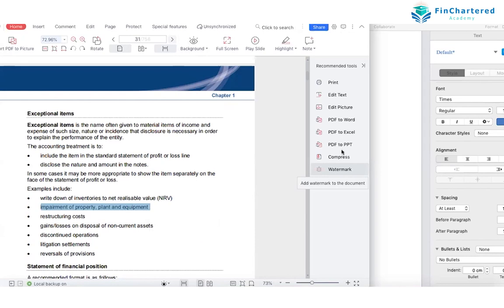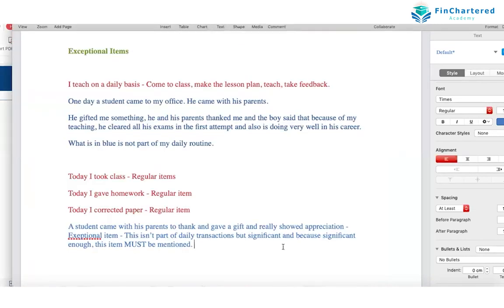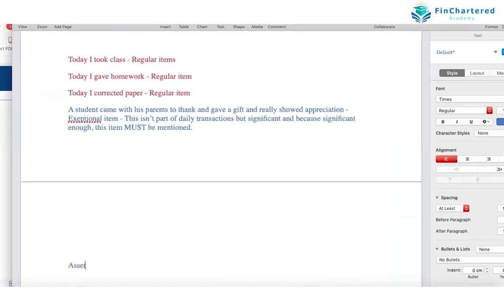An asset of yours doesn't get impaired every day. Asset impairment is not something that happens every day. Every day your mobile is not damaged, every day you don't wake up and repair it. Does that happen? No. So this is an exceptional item, but it is significant and therefore must be mentioned.